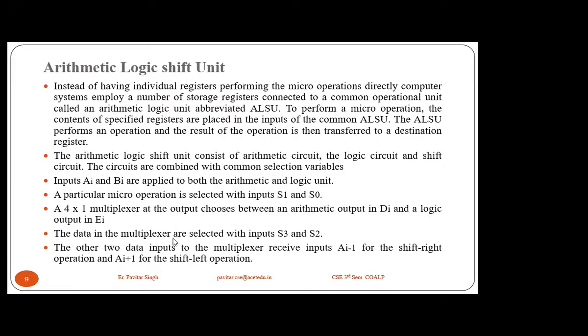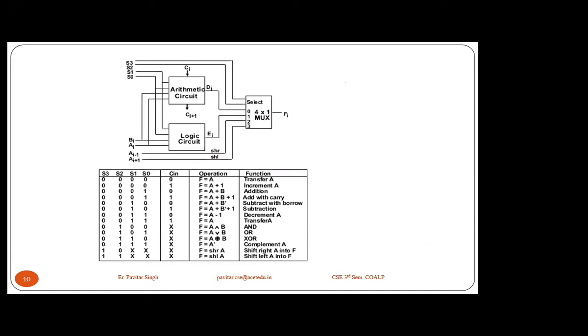The data in the multiplexer are selected with the inputs S3 and S2. The other two data inputs to the multiplexer receive the input AI minus 1 for the shift right operation and AI plus 1 for the shift left operation. So here AI and BI are the two inputs, or you can say the two registers on which we are going to perform any operation, right?